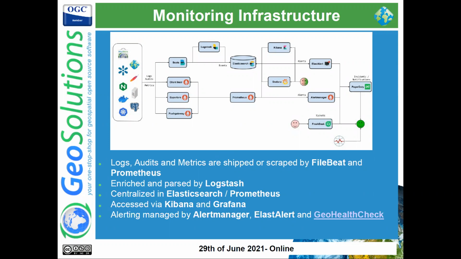You can see on the left-hand side all of the applications, systems and machines that we're monitoring. We're retrieving information from these systems using either the Beats from the Elastic stack or various exporters for Prometheus, or we're actually scraping the information directly from Prometheus.